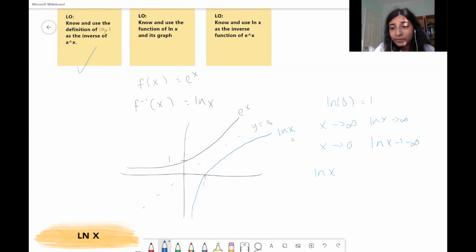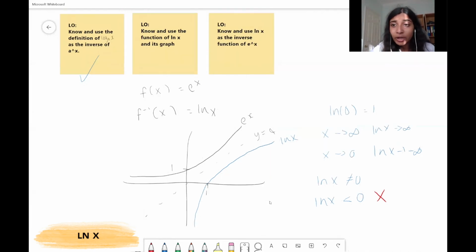So x can never be 0, and x can also never be negative. So that's a definition of ln x that you should remember: x will never equal 0, and x would also never be negative. It is always positive. So that's everything you really need to know about what ln x is and how it's the inverse.